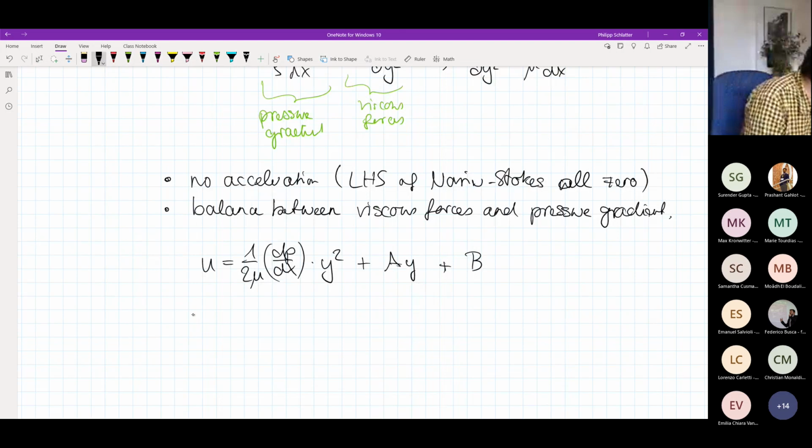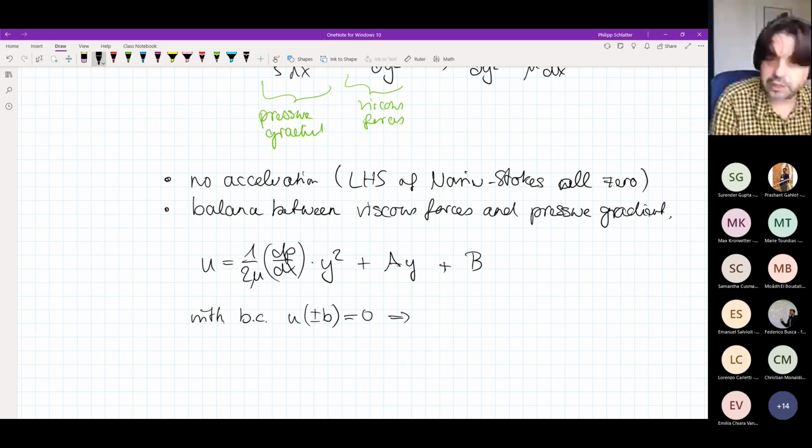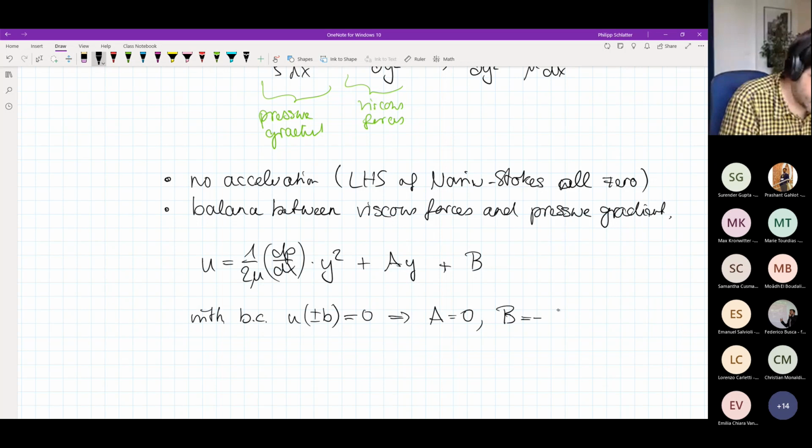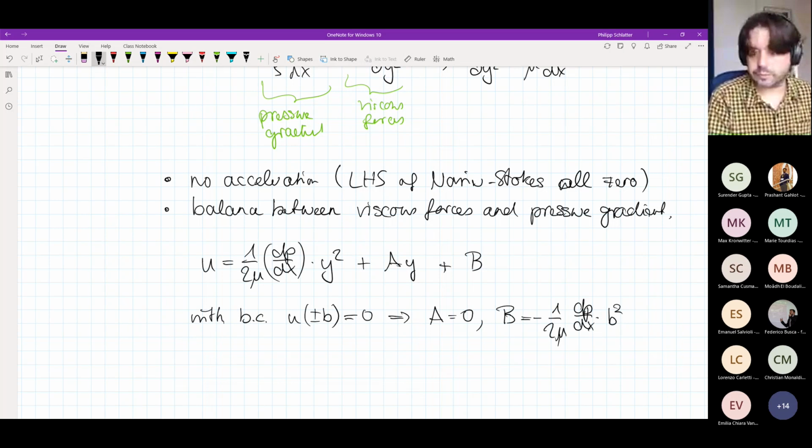So with the boundary conditions which state that u at plus minus b is 0, we can find very easily the following result: a needs to be 0 and b will be minus 1 divided by 2 mu dp dx times b squared.